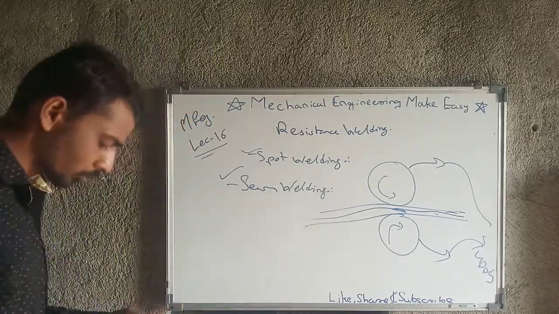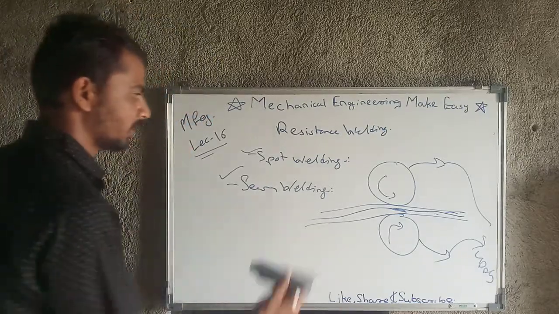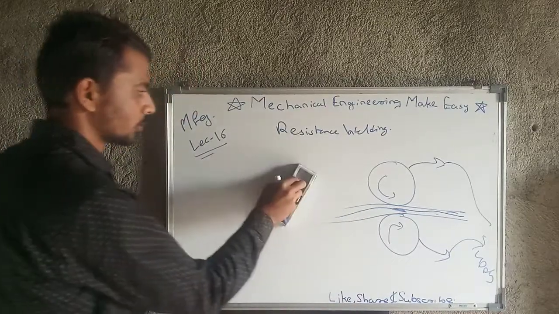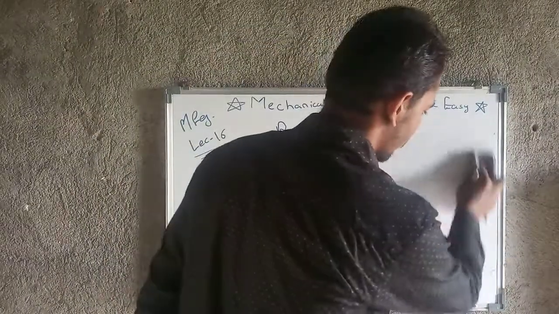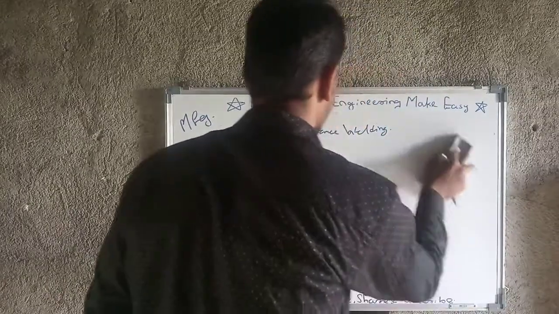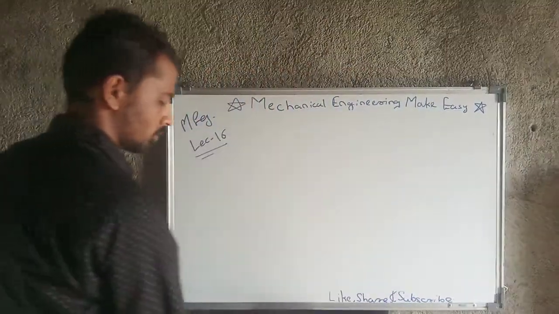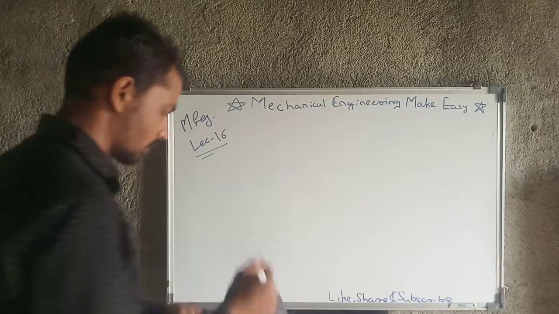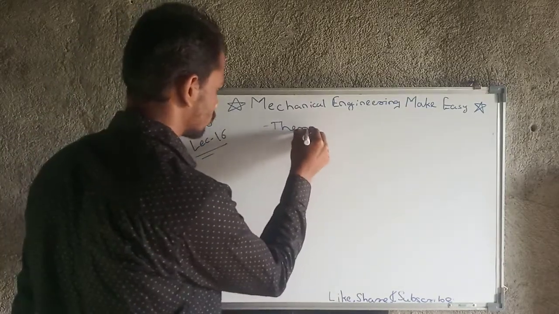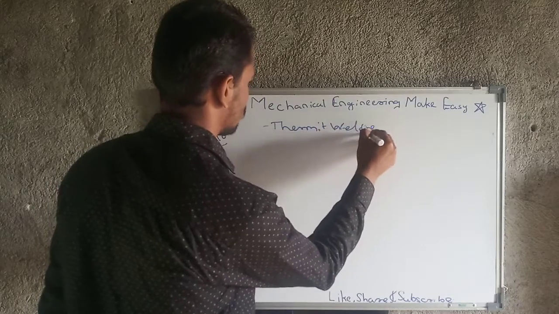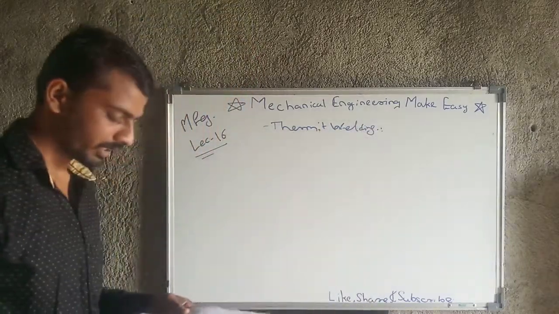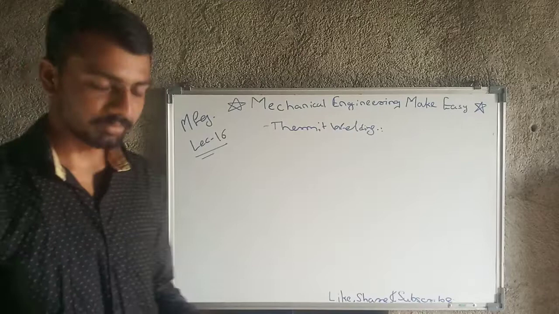Then we will move towards another type of welding, that is thermit welding. We saw it when we classified all the welding techniques. What is thermit welding? It is nothing but an exothermic chemical reaction.